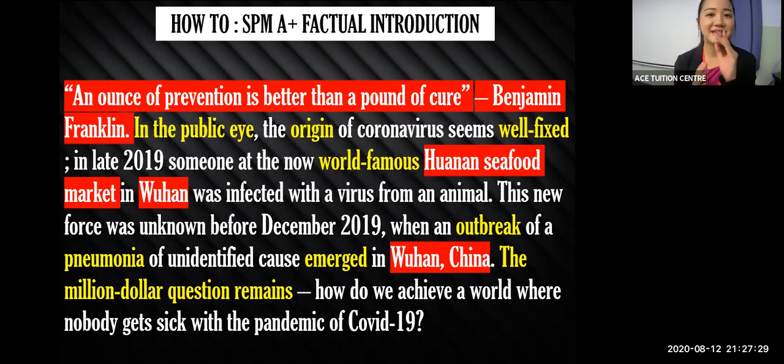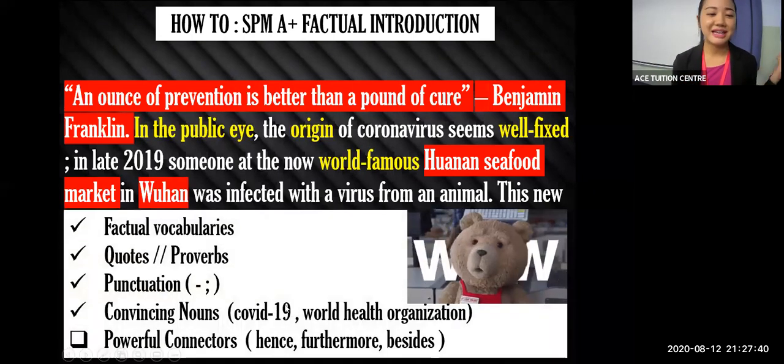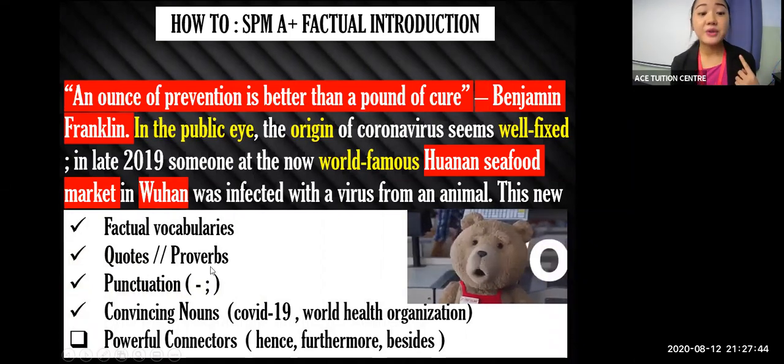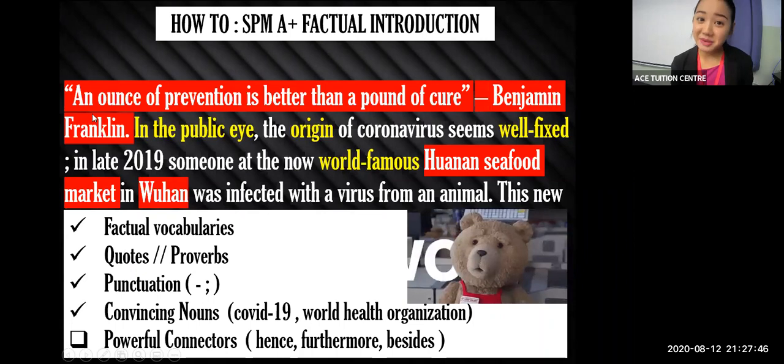So in just first paragraph, in just one paragraph in the introduction, when your teacher looks and reads or marks your essay, he or she could really feel that, oh, this student has used factual vocabularies, which is the yellow words. They have used a quote by Benjamin Franklin, and you even know who said this quote. You have used good punctuation. You have used the hyphen to emphasize things.